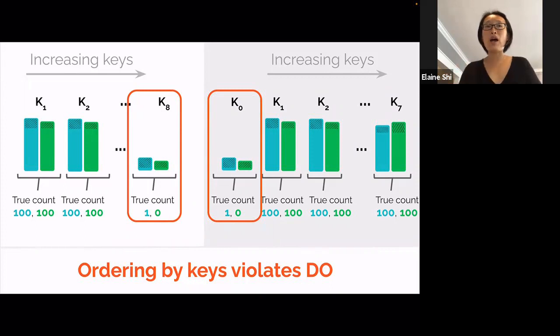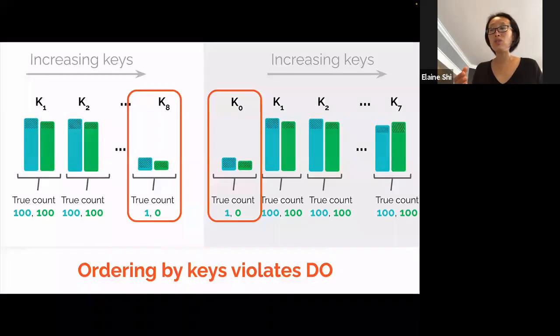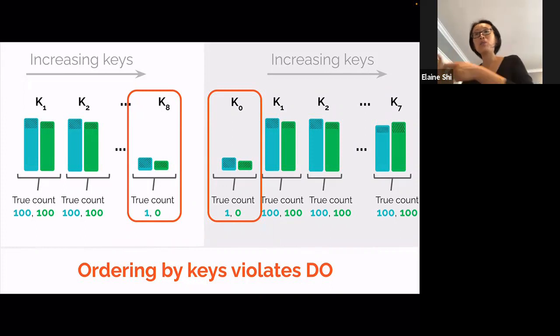Now if you were to run our algorithm, during the step in which the noisy counts are revealed, and that's when we place these items into bins, with significant probability, in the world on the left, the light bins will occur at the very end, whereas in the world on the right, the light bins will occur at the very beginning. Using this observation, we can differentiate which world we are in with significant probability.